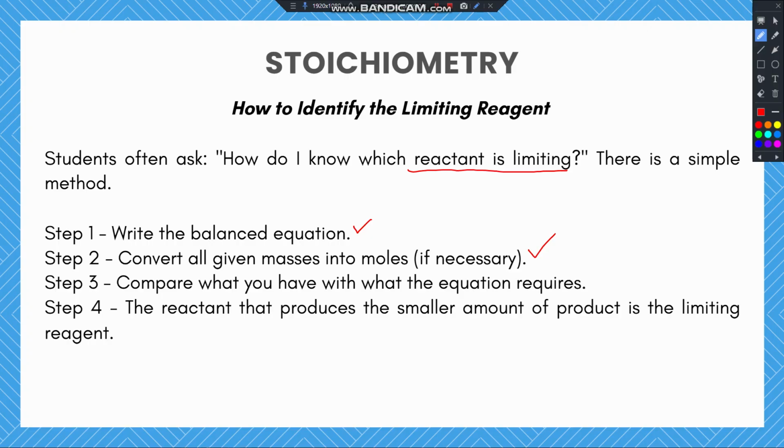Step number 3 would be to compare what you have with what the equation requires. And step number 4 would be the reactant that produces the smaller amount of product is the limiting reactant. Don't worry, we're going to be taking all this step by step so you can see exactly what we mean.